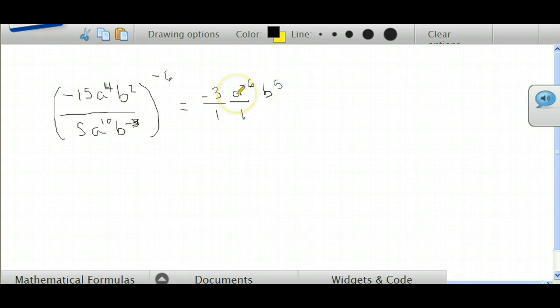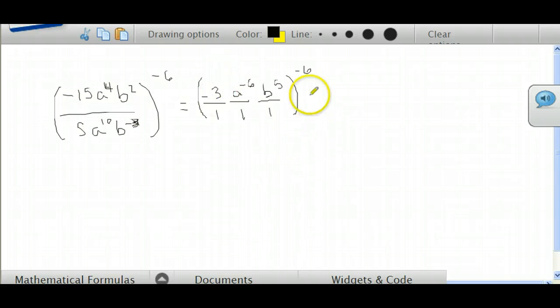On the second step, when you do the subtraction, it always goes to the numerator. Now you can simplify the inside further if you want, take care of the negative exponent and get rid of all the ones.